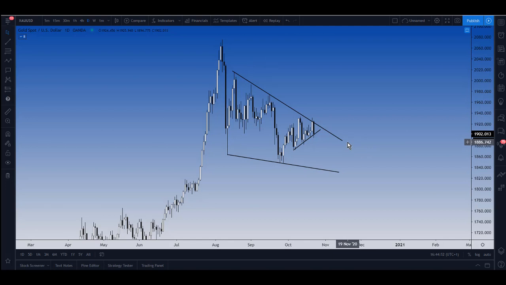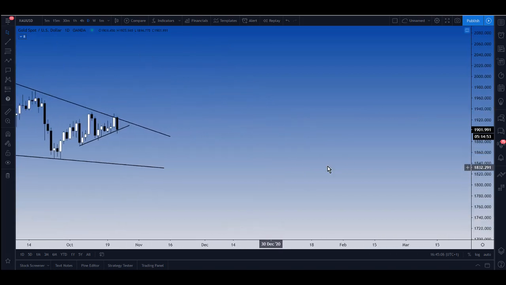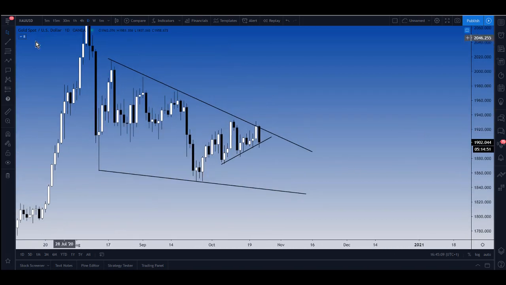About this time of year, we do see the precious metals sell off, or we see weakness, until in November when we normally see price appreciate. So looking at this structure, we would expect price to continue to the downside.